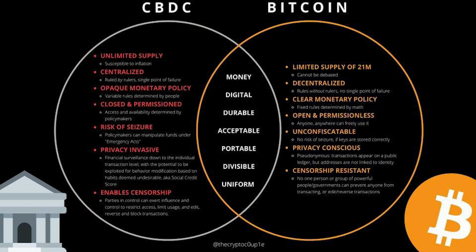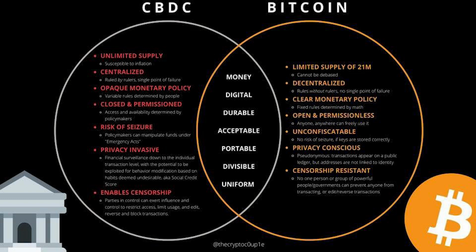Issued by the central bank. Centralized, ruled by rulers with a single point of failure. Opaque monetary policy, variable rules determined by people. Closed and permissioned, access and availability determined by policymakers.